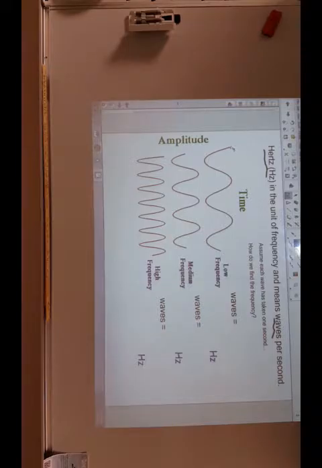So in this case, we go from this top to this top and that would be one wave, because then it's about to repeat itself. So there's one, put a little one there, and then here's two. Now if we made it all the way up here, it'd be 3.